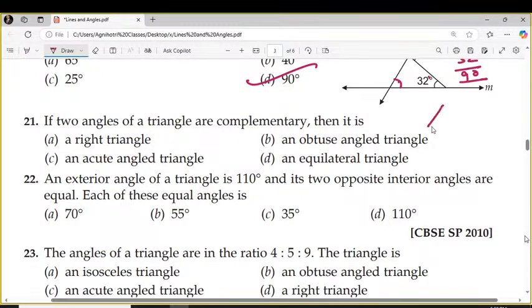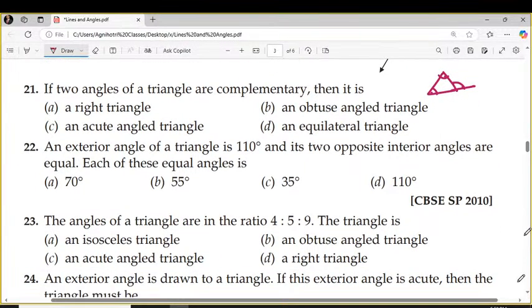Exterior angle in a triangle, exterior angle is this. That must be the sum of the interior opposite angles, and the sum of all three you already know is 180. Okay, if two angles of a triangle are complementary, that means if one angle is 30, another is 60, so the third is 90.